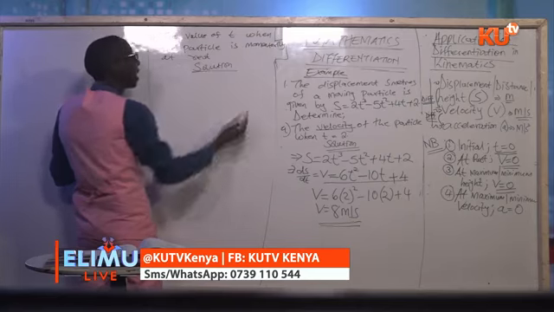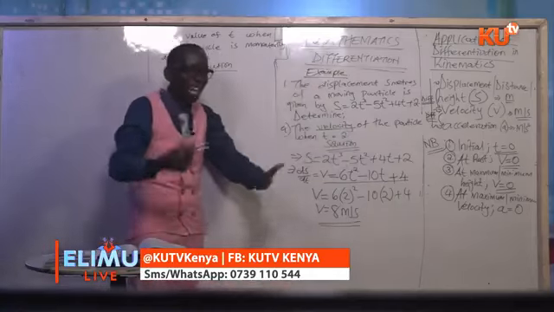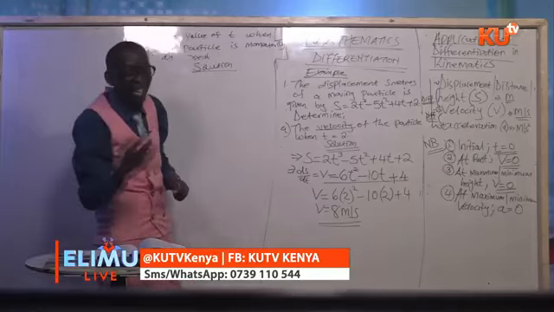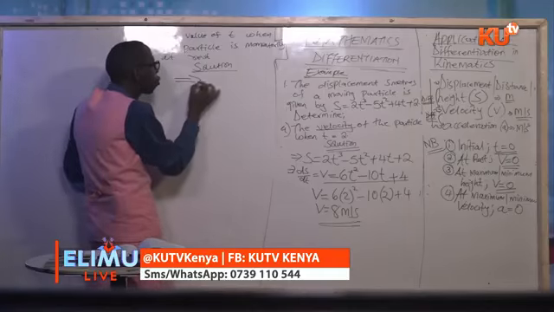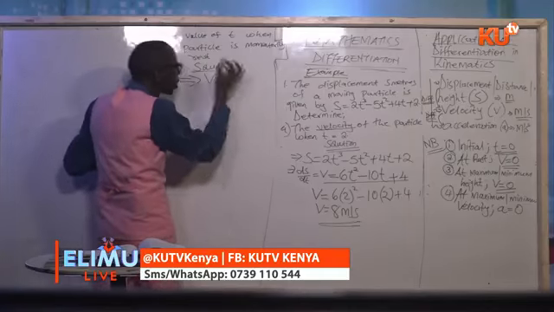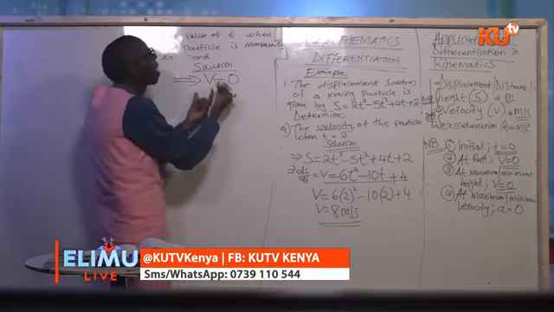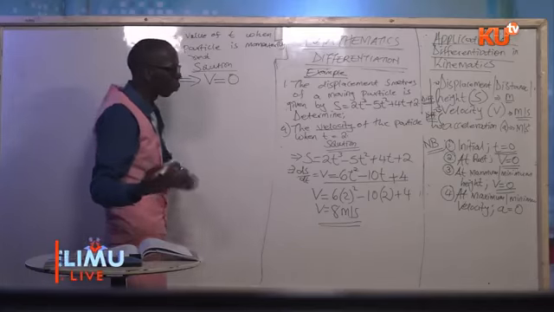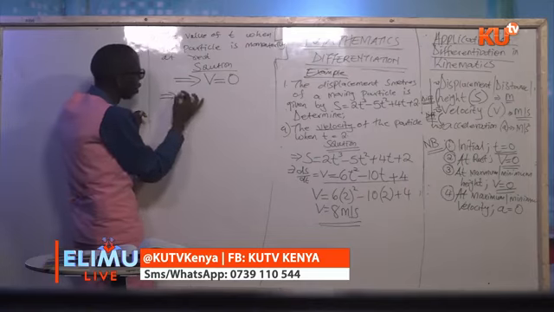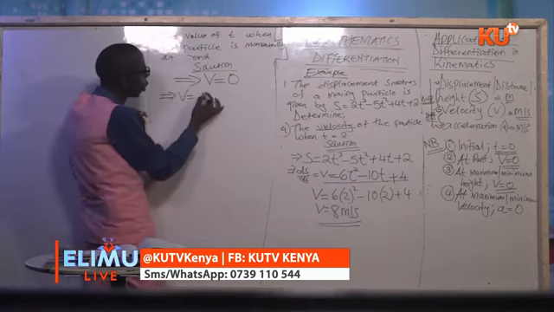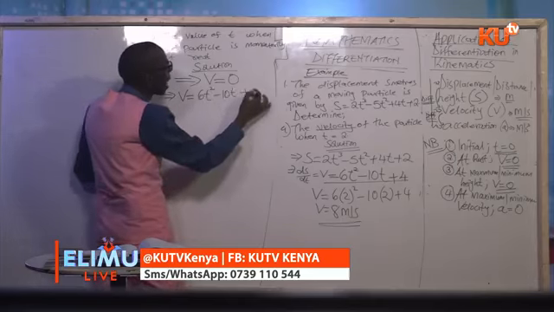So my dear student, in our formulas we said at rest, either momentarily at rest or instantaneously at rest or at any rest, v is always equal to 0. So this question is simply asking us to get the value of t when velocity is 0. In part A, we have already gotten the equation of velocity, which is v is equal to 6t squared minus 10t plus 4.